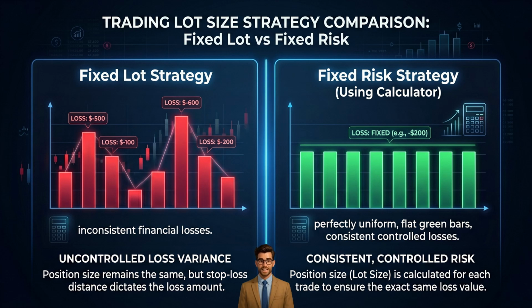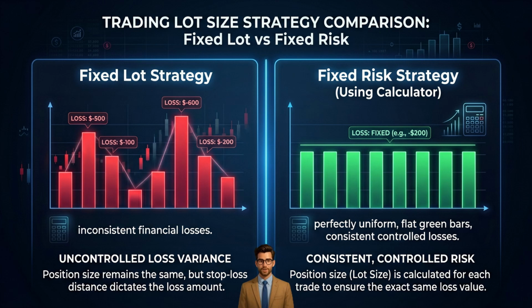Your losses are highly erratic. One bad trade wipes out the profits from 3 good trades. You are structurally capping your ability to grow. By using a lot size calculator, your risk becomes static, but your lot size becomes dynamic. If you need a 30-pip stop loss, the calculator automatically shrinks your lot size to ensure you only lose 1%.